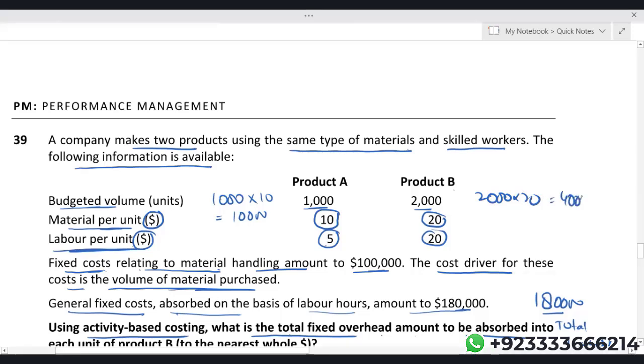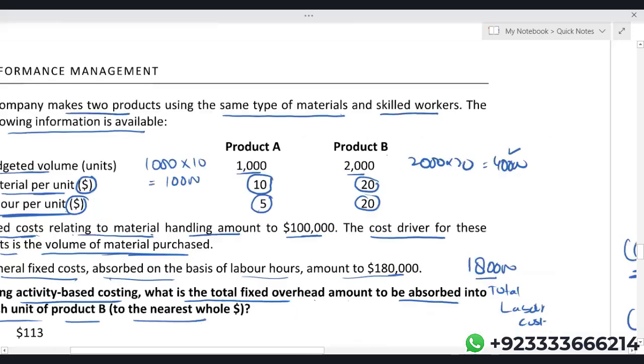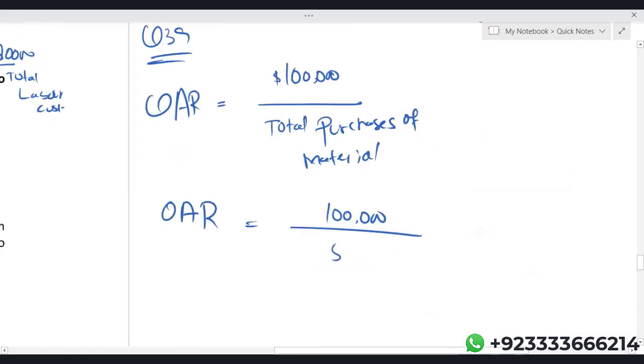So the total purchases is 40 plus 10, which is 50. Total purchases is actually 50. So basically we can say that the overhead absorption rate relating to material handling is $2.